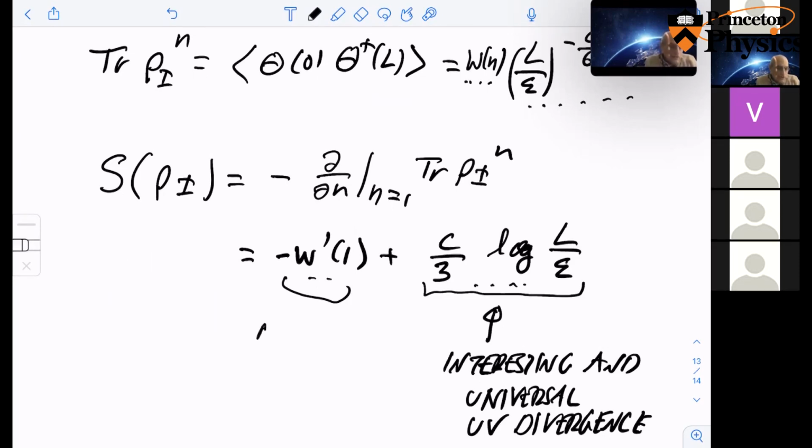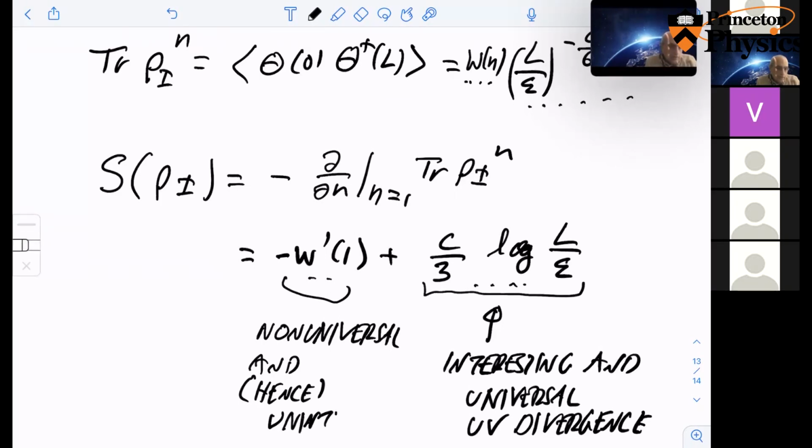This constant is non-universal and uninteresting. It's clear that it must be non-universal because I didn't tell you exactly what ultraviolet cutoff to use. And different ultraviolet cutoffs will amount to using different epsilons in this formula, and so they will differ by shifts of this constant.